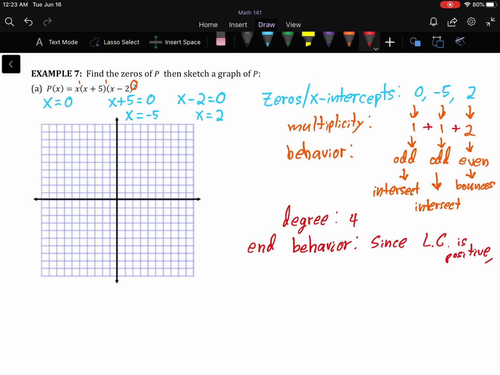And then since our degree is even, this means that it goes upwards in both directions. So these both mean that everything goes up in both directions.